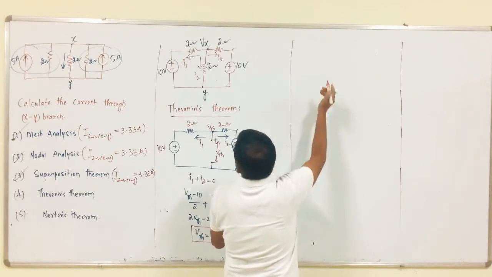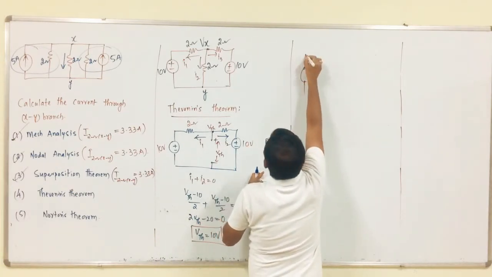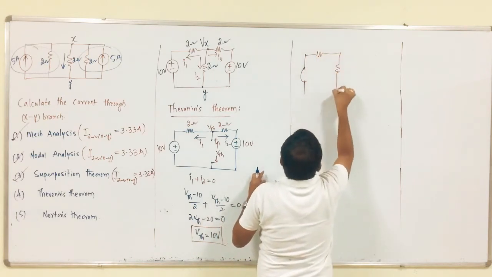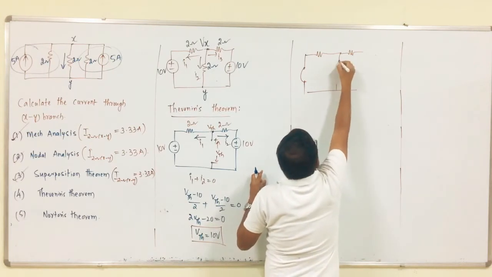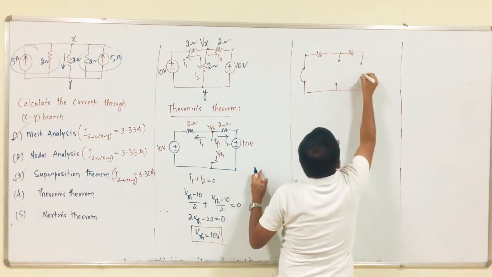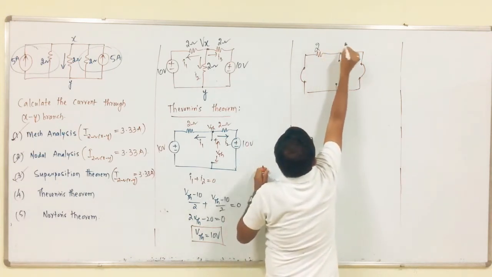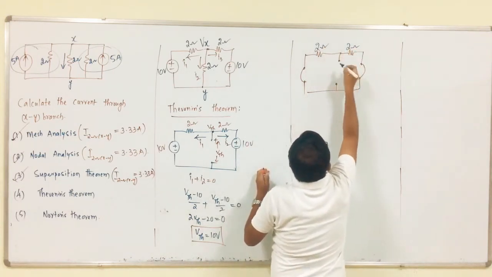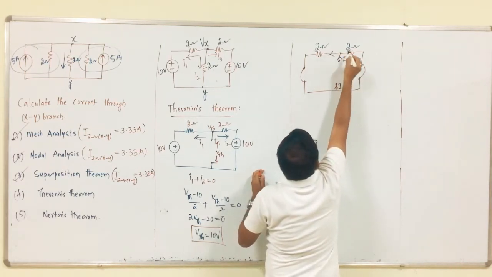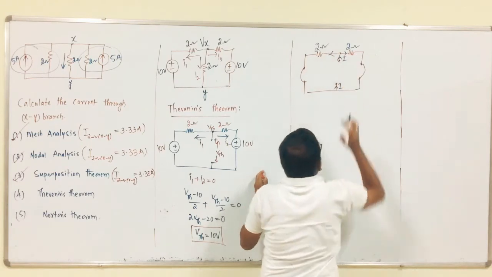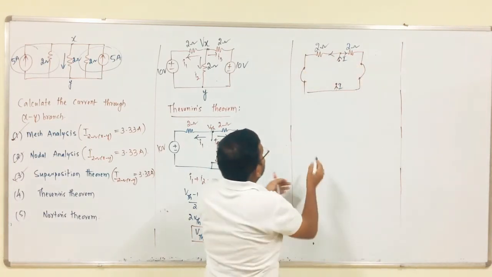Next, calculation of RTH, that is we have to replace the independent voltage, sorry, it should be open, no? It should be open, and replace the independent voltage sources with a short circuit, and this is 2 ohms, this is also 2 ohms. The entering current is I, the leaving current should equal I. So, the current can be split into this branch and this branch, so those two branches are connected in parallel.